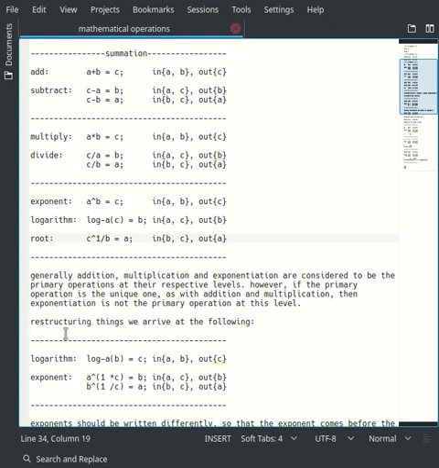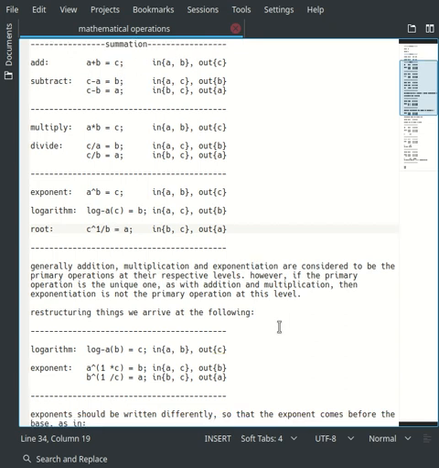Restructuring things, we arrive at the following, right? So now if we look at it this way, where logarithm is our base operation, we get log base A of B is C, so we input A and B and we get out C. And then we get two versions of the exponent, where we get A to the 1 times C is B, and B to the 1 on C is A. And there's a small difference here, but either way it's an exponent, right?